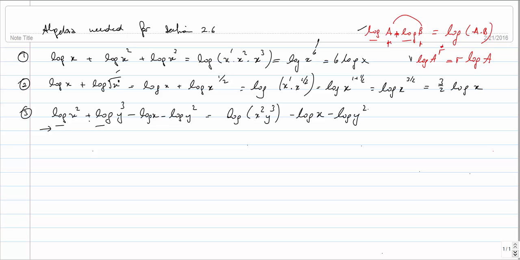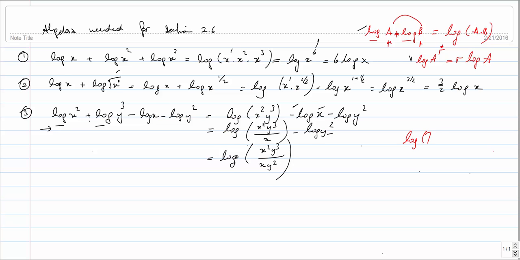And then I can apply the subtraction: x squared y cubed comes as a numerator, and the denominator is x y squared. The property I applied here is log a minus log b is equal to log a over b. If it's a subtraction, I take the ratio of the arguments.